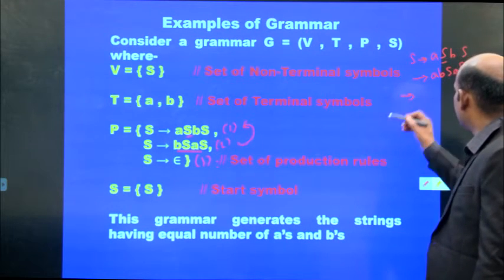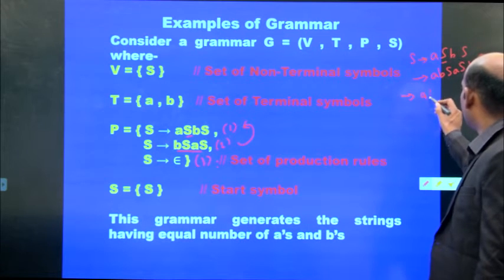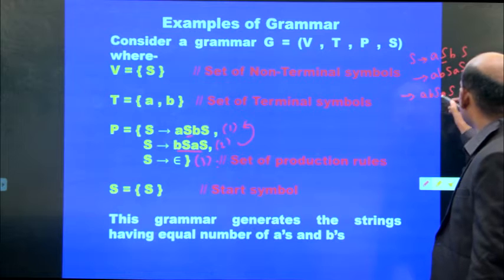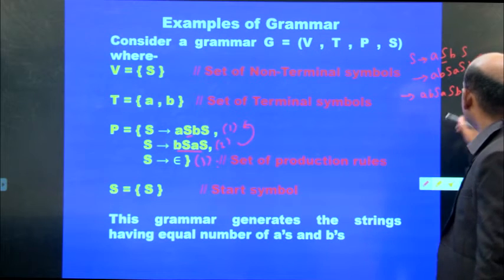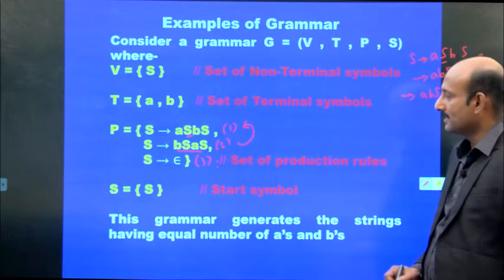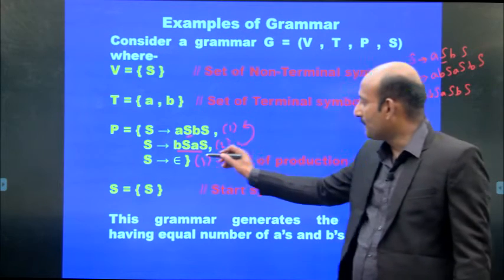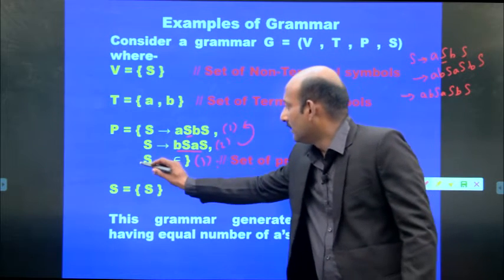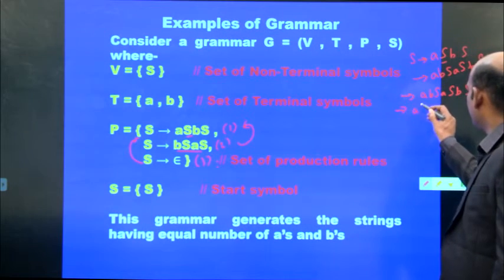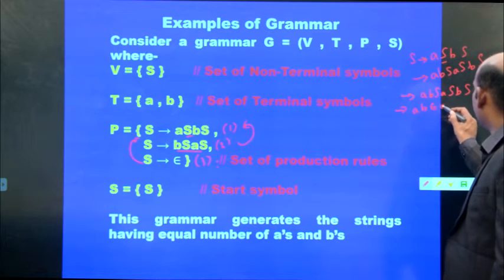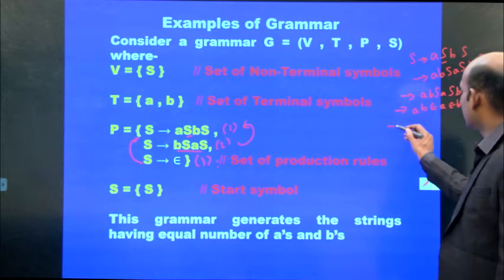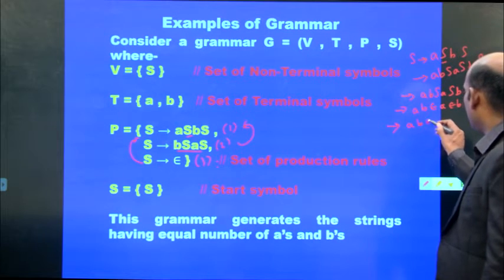So the next step, A, B, this S already replaced S, A, S, this B, then we can have S. Already this S is existing. Now we can go for applying the third rule into the first. So we get A, B, epsilon, A, epsilon, B, epsilon. Then A, B, A, B.